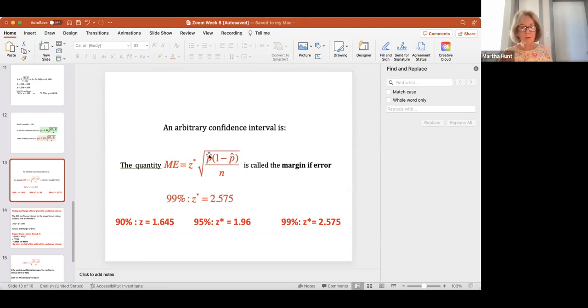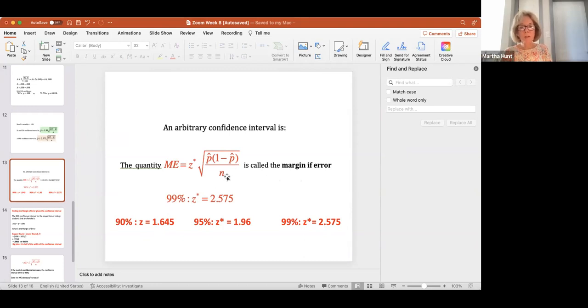So how can you manipulate the margin of error? This comes into the homework. You want the margin of error to be smaller. If you want it smaller, put in a smaller Z value. Trade-off, you'll be less confident.